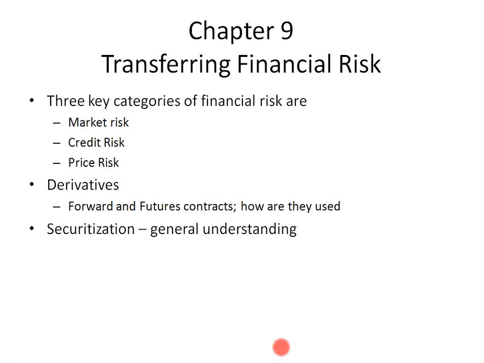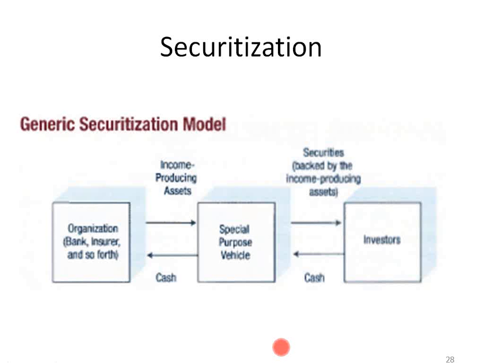As far as transferred financial risk, you have derivatives, which are forwards and futures contracts, and how they are used. They're really used for hedging, and that's the element to focus on there. Then finally, on securitization, you just want to have a general understanding of what it is, which is basically monetizing an asset and trying to sell it.